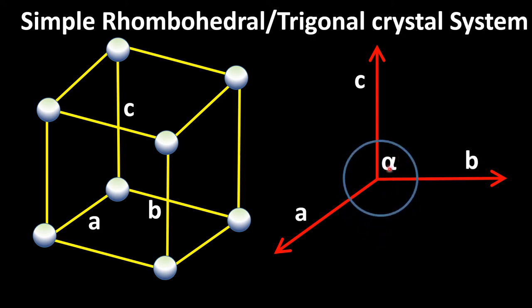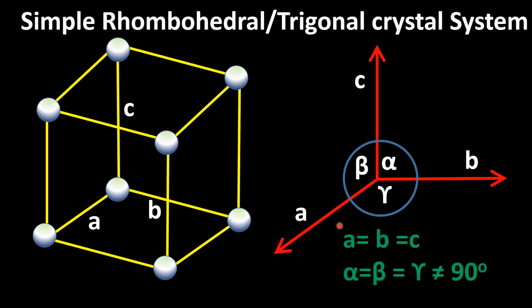This one is the angle alpha, which is between B and C. This is angle beta, which is between A and C. Angle gamma is between A and B. So here you can see that all 3 sides are of equal length, that is, A is equal to B is equal to C, but their angles are not equal to each other.